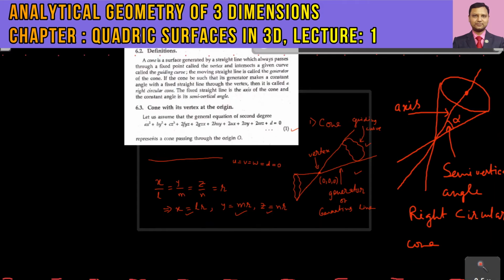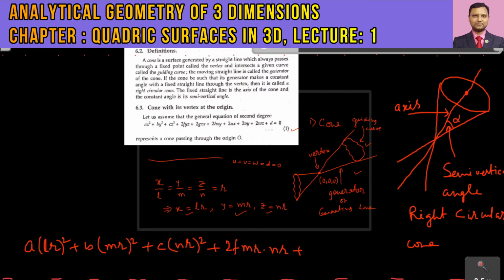We shall get a into l r whole square, plus b into m r whole square, plus c into n r whole square, and so on, plus twice f, in place of y and z, we shall have m into r multiplied by n into r.